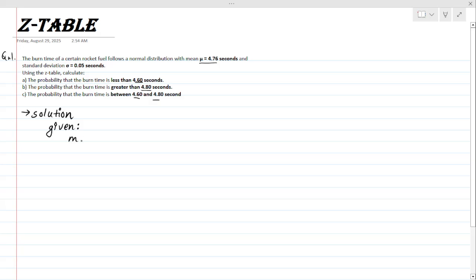We know that the mean, mu, is given by 4.76, and the standard deviation, sigma, is given by 0.05.